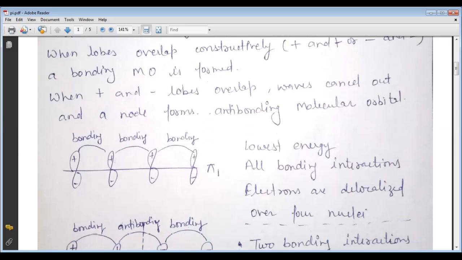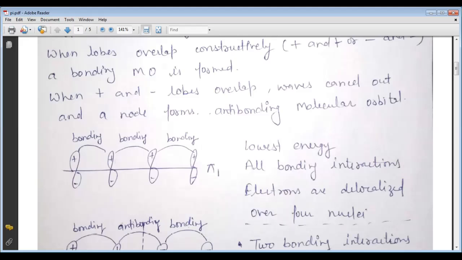So there are two types of molecular orbital: the bonding molecular orbital and the antibonding molecular orbital. If a node is present, there is no electron. The bonding molecular orbital is formed when the phases are the same, and the antibonding molecular orbital is formed when opposite phases overlap, that is, the subtraction of overlapping.